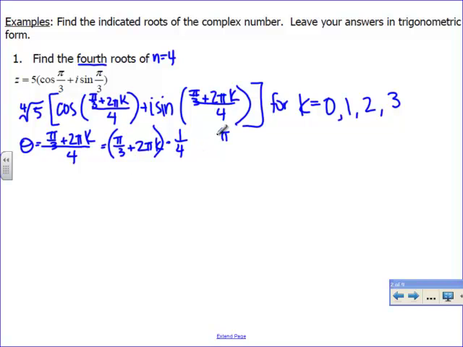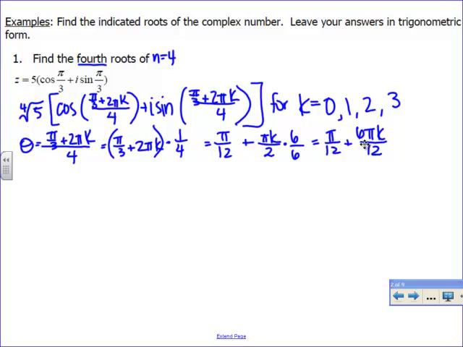That's going to get me pi over 12 plus, and this will reduce to pi k over 2. Now I need a common denominator to be able to put them together, so I'm going to change this by multiplying by 6 on the top and the bottom. Pi over 12 plus 6 pi k all over 12.